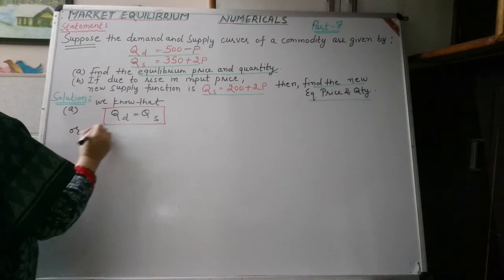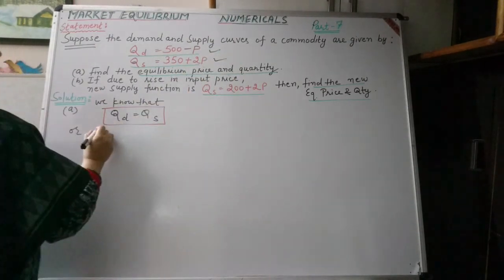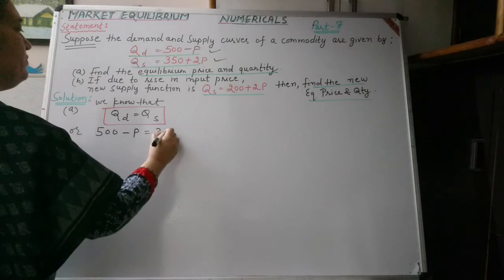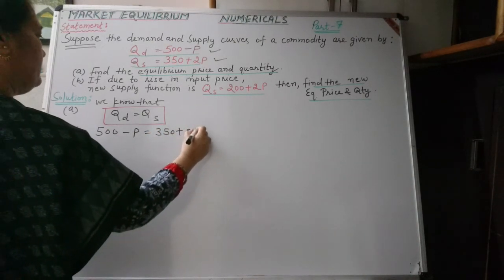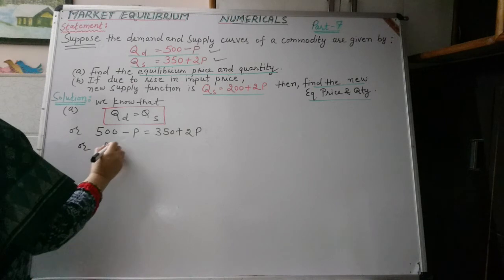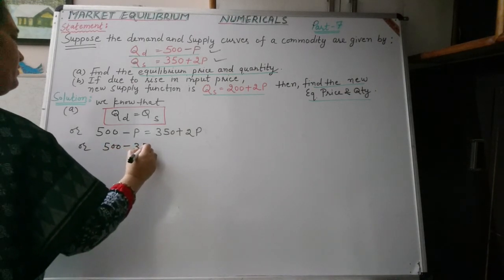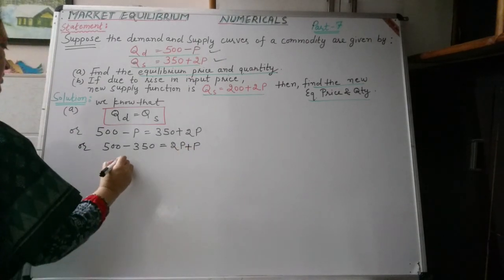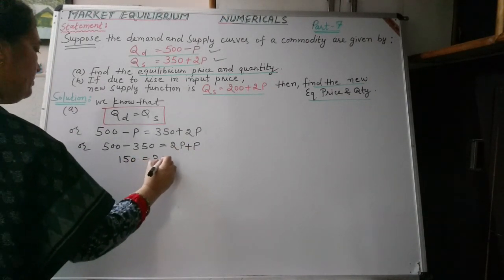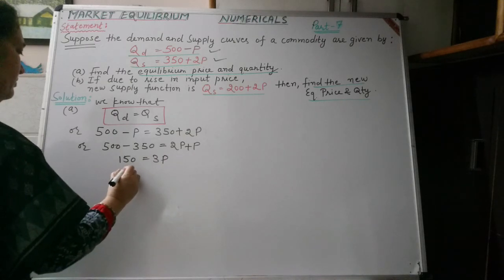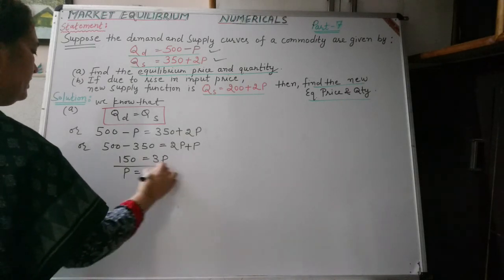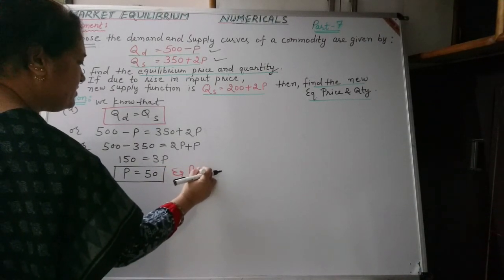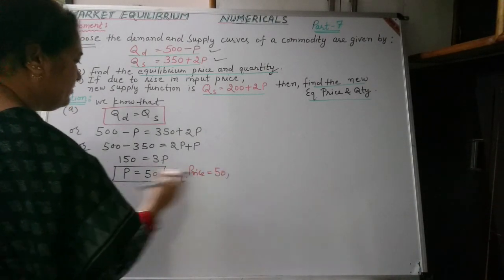By putting the values, 500 minus P is equal to 350 plus 2P, or 500 minus 350 is equal to 2P plus P, or 150 is equal to 3P, or P is equal to 50. So P equals 50 means the equilibrium price is equal to 50.